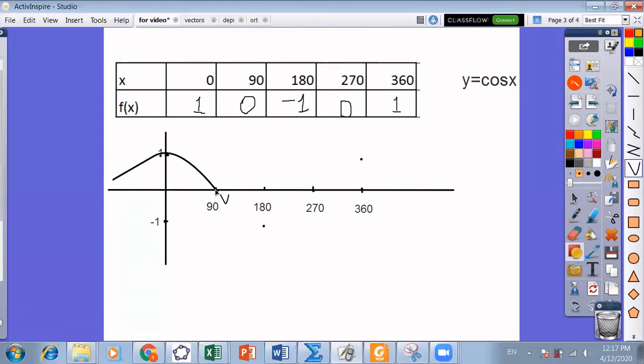So when the angle is 0, value is 1. So this is the starting point, no problem here. So when it's 90, the value is 0. So I'm here. Then it goes to -1. Okay, no problem here. And then we're going to 180, 270, which is 0, and then value this one. So you can continue in this way, in this way, in this way. So I'll stop it here.